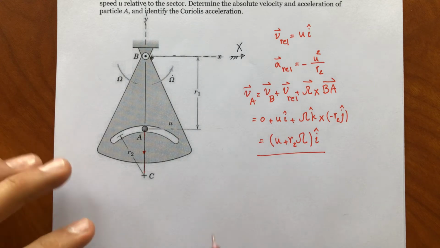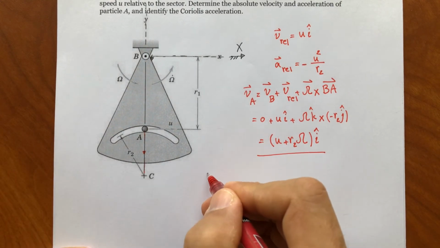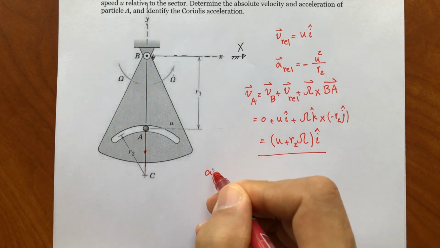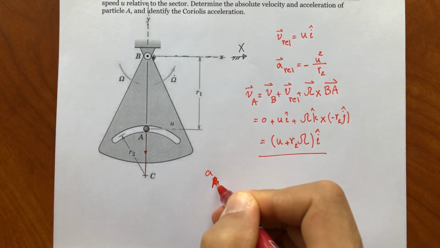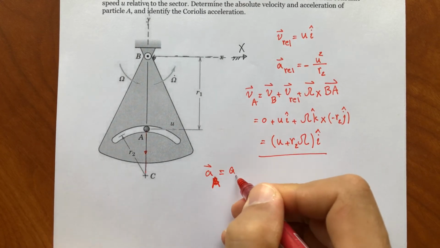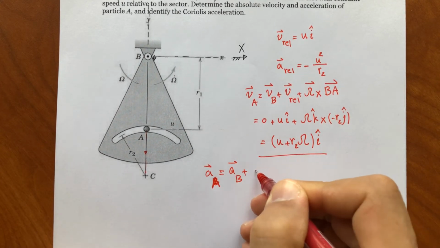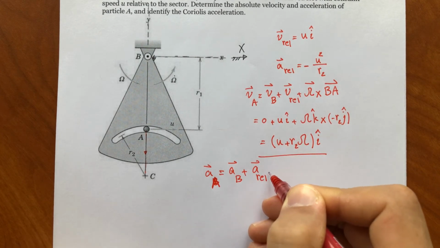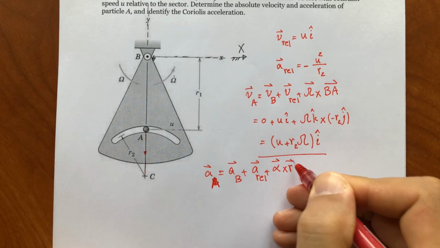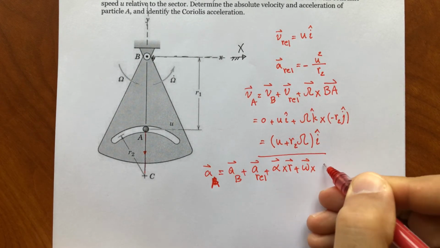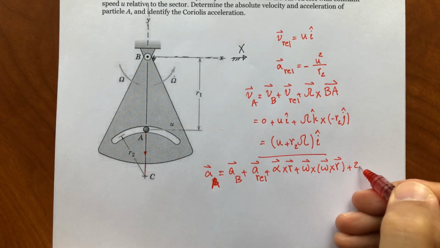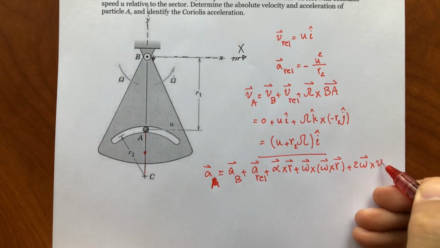How about the acceleration? Let's just start with the equation. Acceleration of A, the actual acceleration of the point, is equal to acceleration of B plus relative acceleration plus alpha cross r plus omega cross omega cross r plus 2 times omega cross v rel.